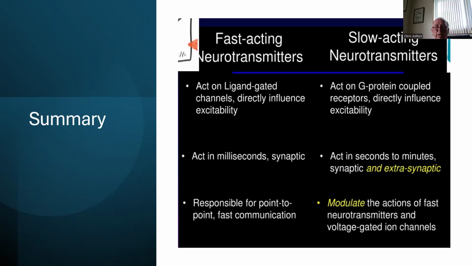They act in milliseconds. Point-to-point communication, general homeostasis of the brain, it's a living thing. This is all the ultra-fast stuff that's just keeping things going.